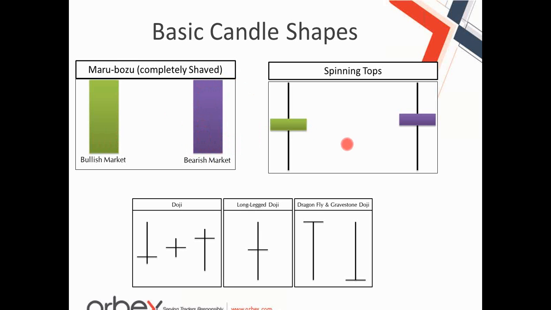So the next basic candlestick shapes are the bullish and bearish spinning tops. This is the exact opposite of the marubozu, because you see how strong and confident the market was in the bullish marubozu?